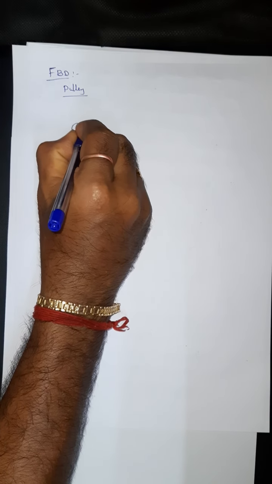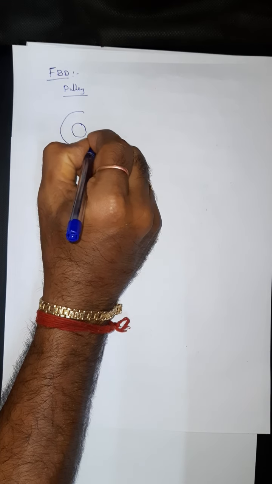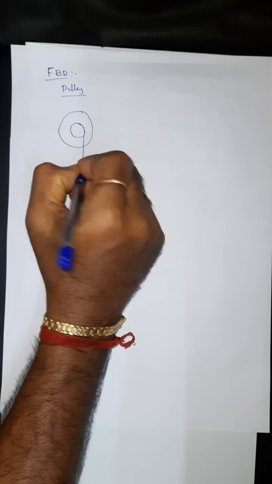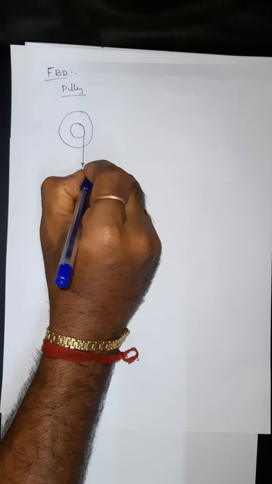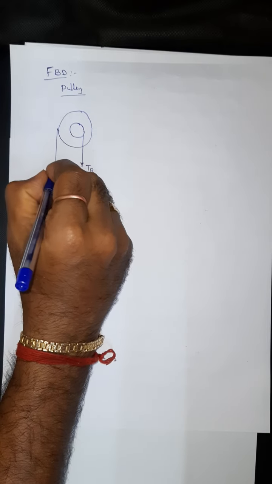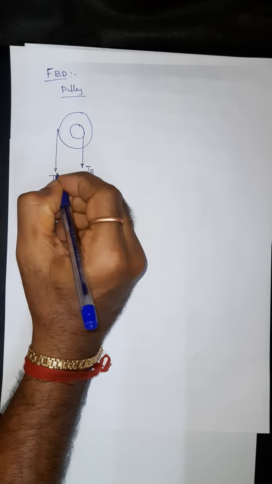This is a smaller pulley because it's a compound pulley, a combination of smaller and bigger pulley. The tension always acts away from the object. So this is tension TB, and this is tension that is away, TA.